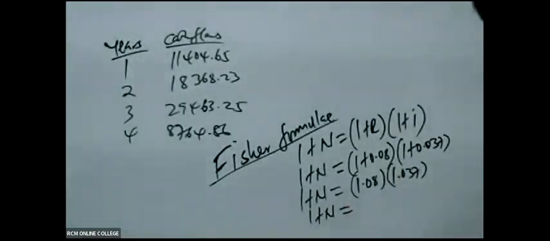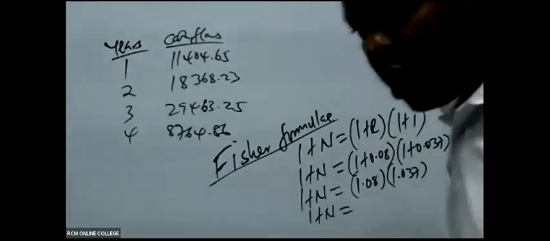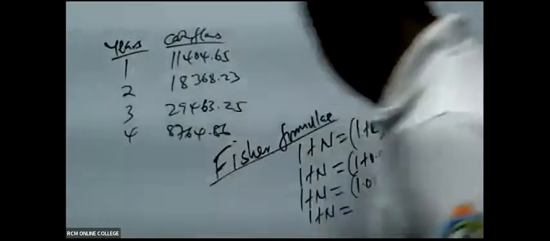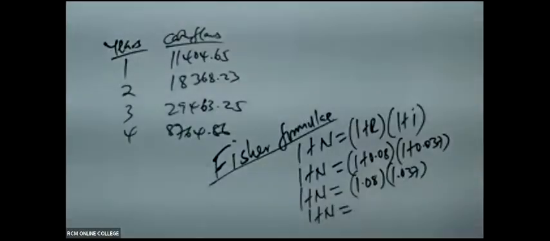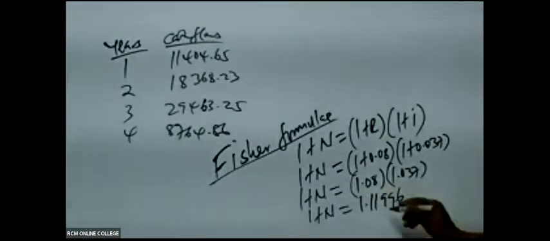Can you multiply? 1.08 multiplied by 1.037, you will get 1.11996.